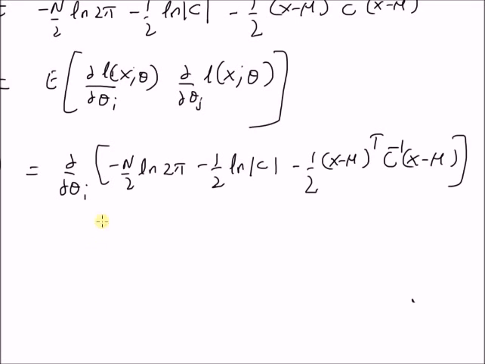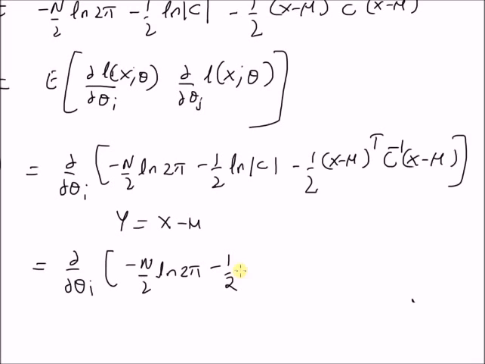For simplicity, let us denote y as x minus mu, that is, y as the difference between x and the mean vector. So we have the derivative with respect to theta i of minus n by 2 logarithm of 2 pi, minus 1 by 2 logarithm of the determinant of C, minus 1 by 2 y transpose C inverse y.